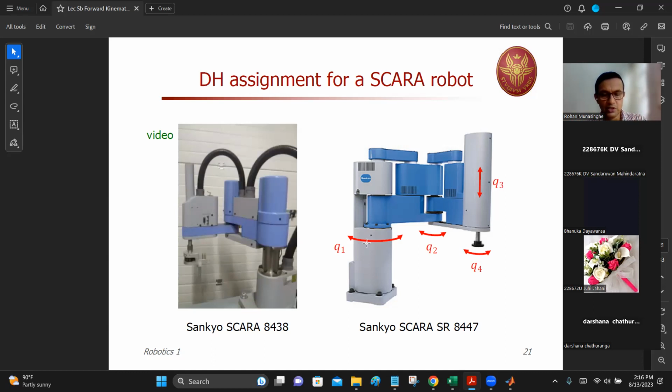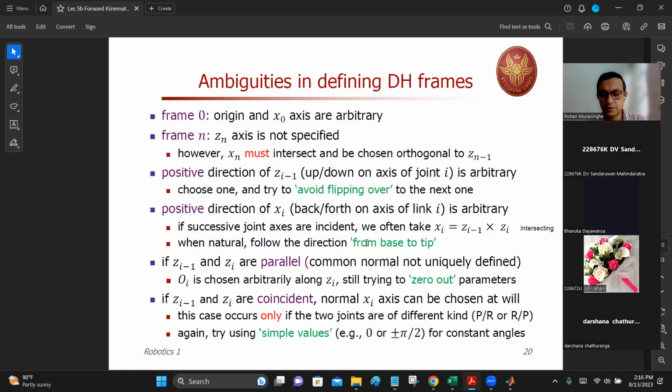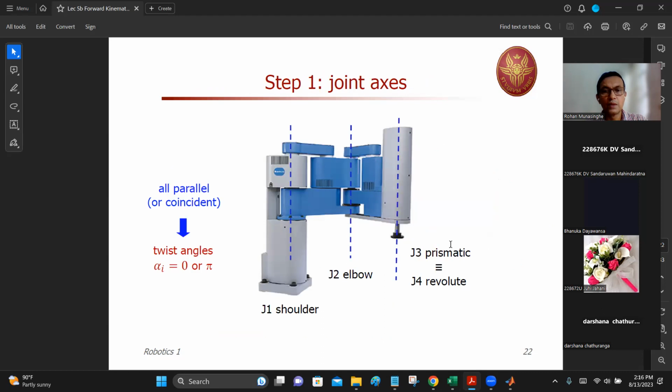The home position of the first frame would be our base coordinate frame. But to illustrate the process, we will make it slightly different so that you can see these coordinate frames clearly. If they are coincident, it's difficult to visualize.